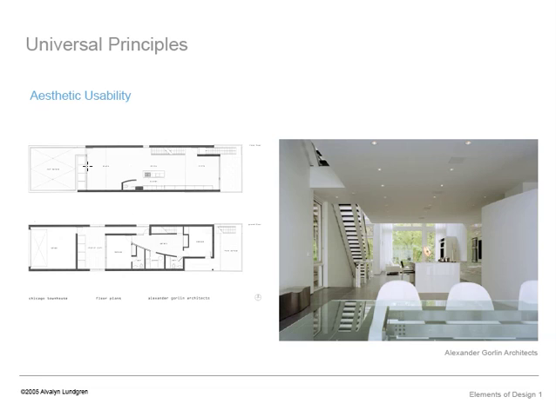One of the basic issues that underlies the principle of aesthetic usability is the idea that the more aesthetically sound a design is, the more comfortable it is to use.